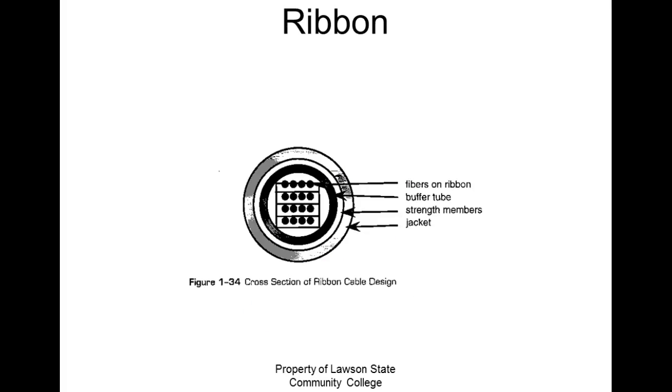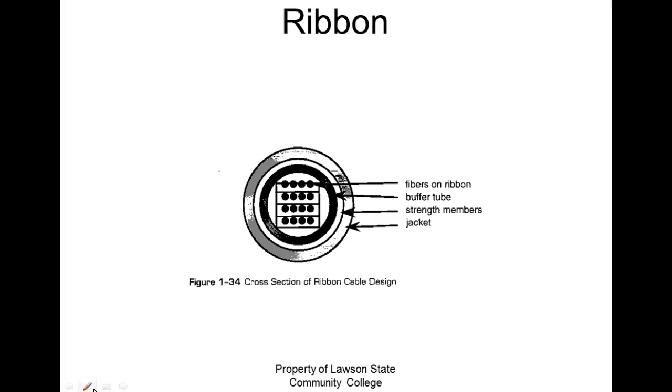Ribbon, this is what the telephone company really likes to use. We don't have any ribbon fiber, but we do have some ribbon. We do have some standard ribbon cable in here somewhere. It looks basically the same. So we call the sub cable ribbon cable.